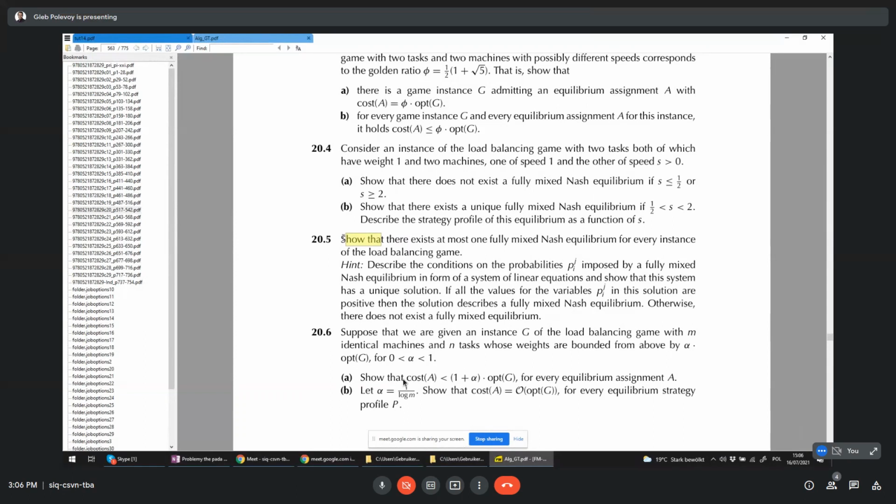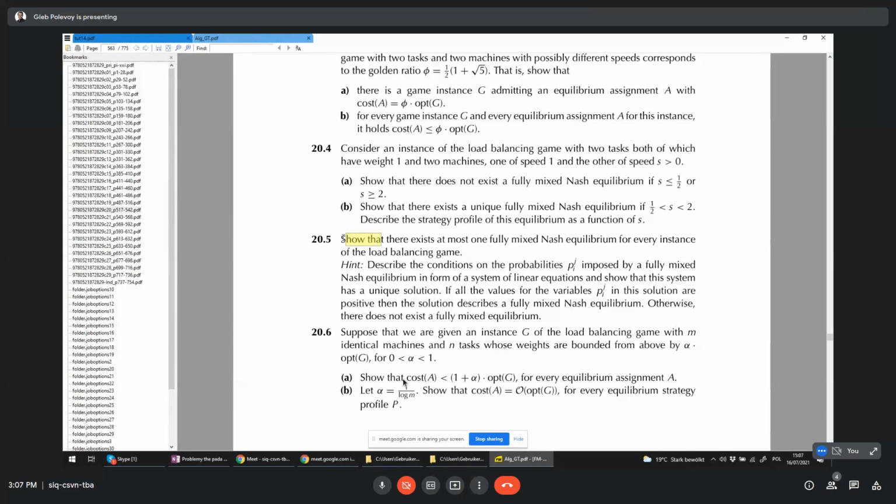Now, what is their way to prove it? There is at most one fully mixed Nash equilibrium. I remind you, fully mixed means it has a full support. So every strategy has a non-zero weight. So the hint is, we describe the conditions as a system of linear equations, and show it has a unique solution.